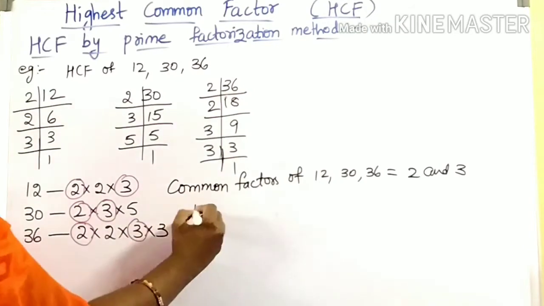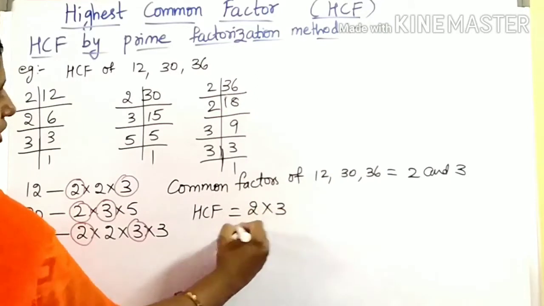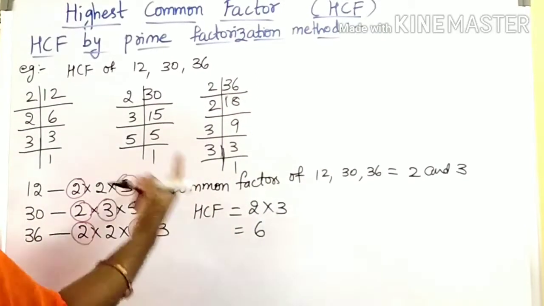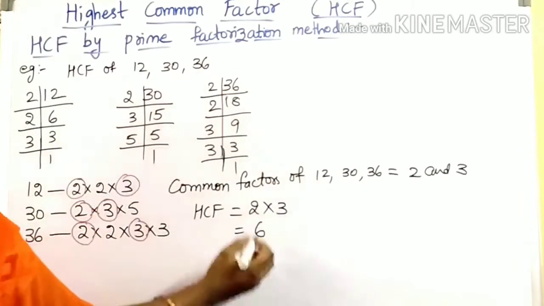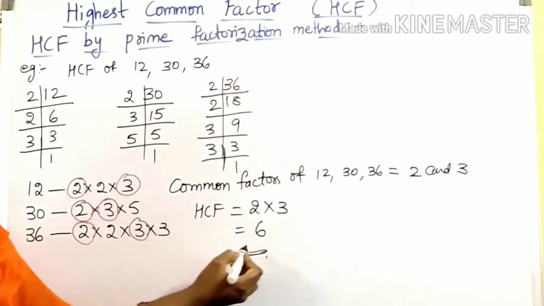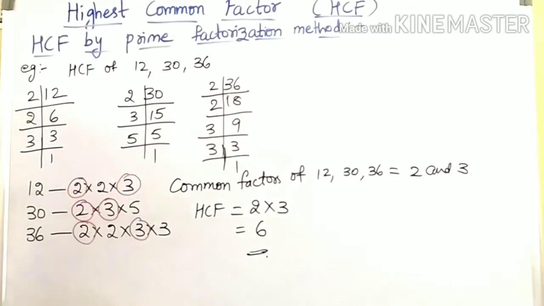So HCF is the product of these common factors, that is 2 into 3, which is 6. Therefore the HCF of 12, 30 and 36 is 6. Simply the product of the common factors will give you the HCF by using the prime factorization method.